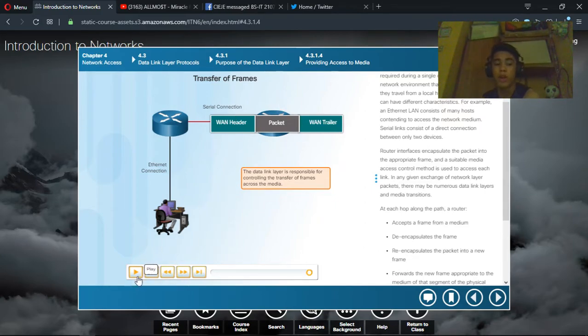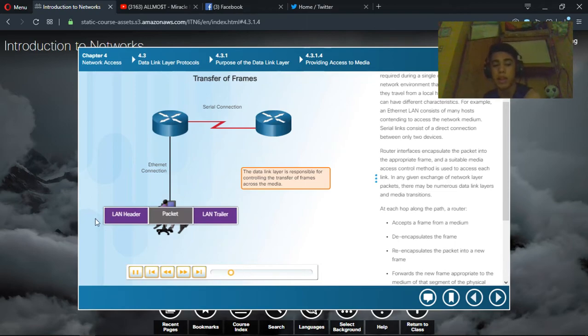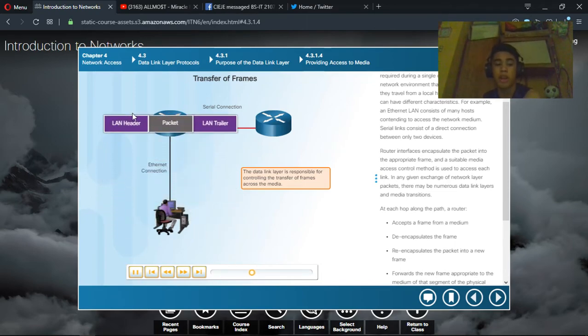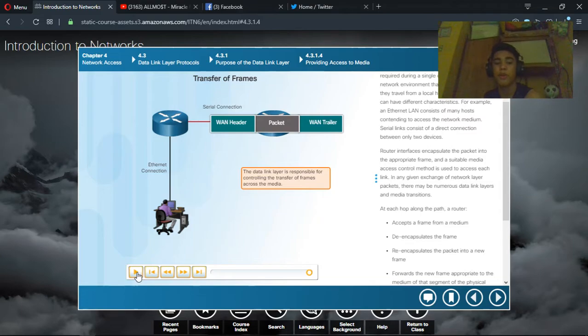Like what happened here, the LAN header, after it flowed to the router that is connected to a serial connection with another router, changed to a new header for it to be sent using a serial connection.